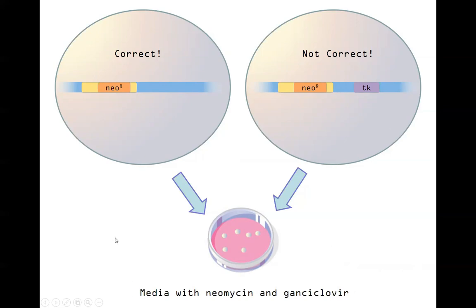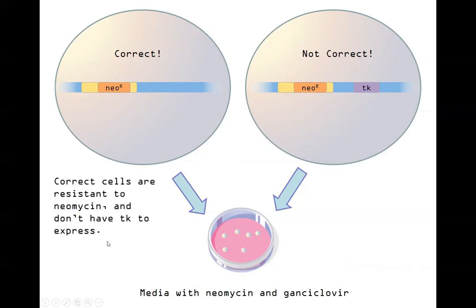Okay, so let's deal with the first correct situation first. These cells are going to be resistant to neomycin, and they don't have any thymidine kinase to express. Okay, the relationship between thymidine kinase and ganciclovir is such that if you create this enzyme, this thymidine kinase enzyme, in the presence of ganciclovir, that will kill you.